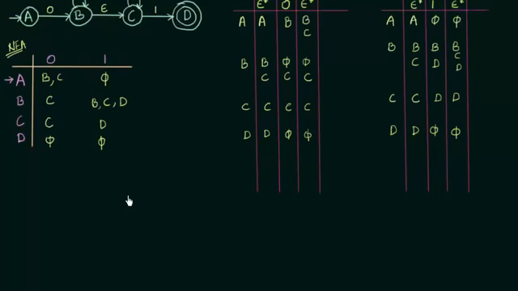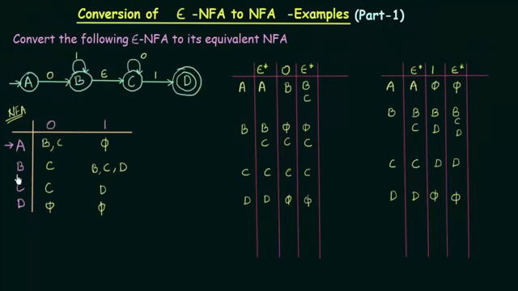Before we draw the transition diagram, let us find our final states. I already taught you in the last lecture that any state that can reach the final state only by seeing the epsilon symbol can be a final state. So let us check for state A. A cannot reach D just by seeing epsilon. What about B?